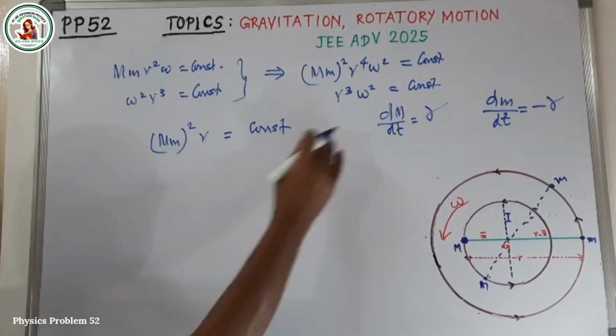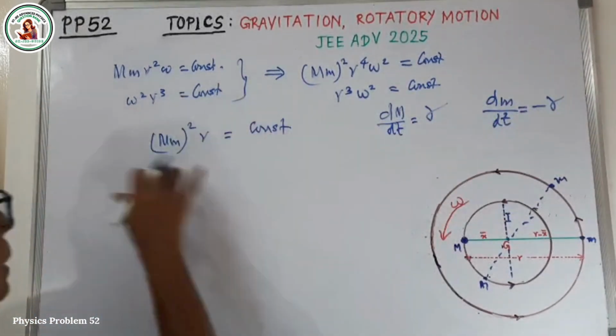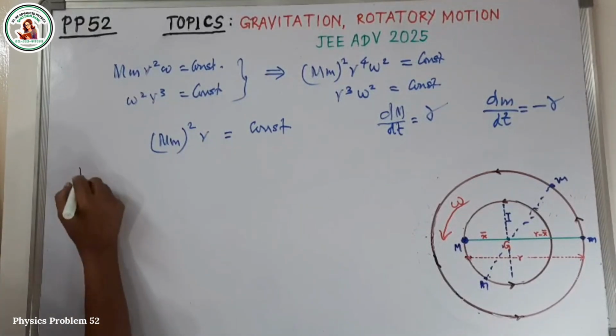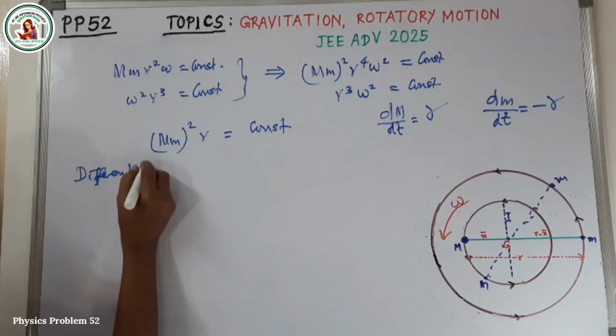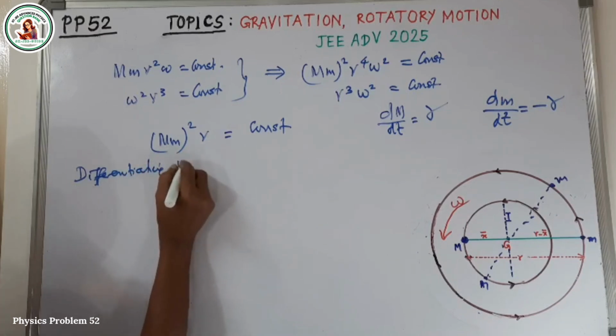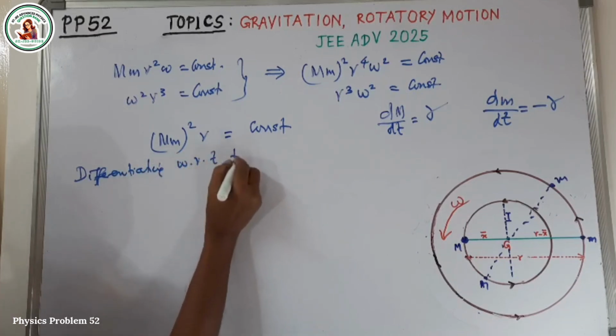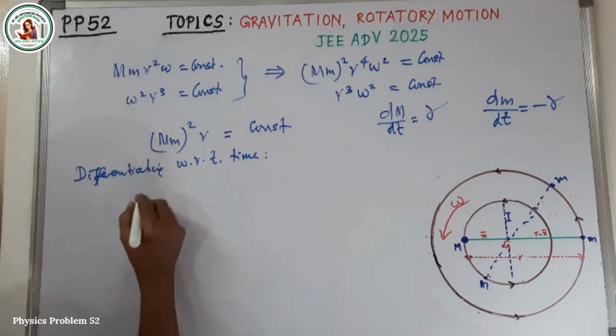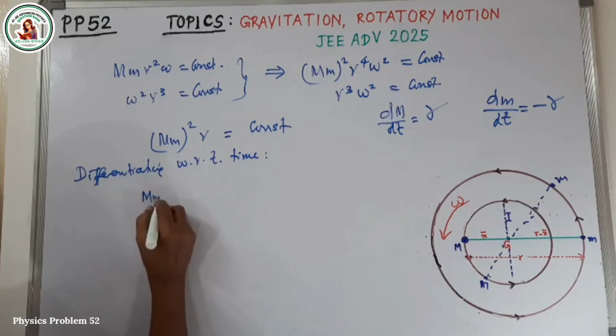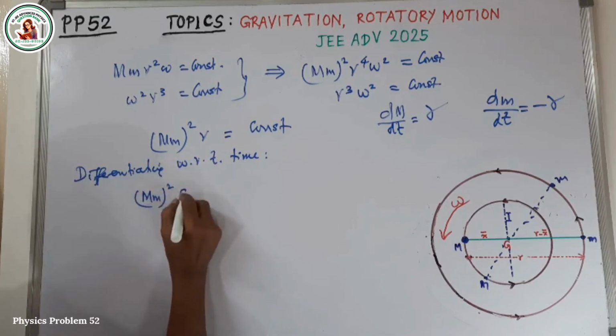With these expressions, we differentiate with respect to time. This is M m square dr by dt.